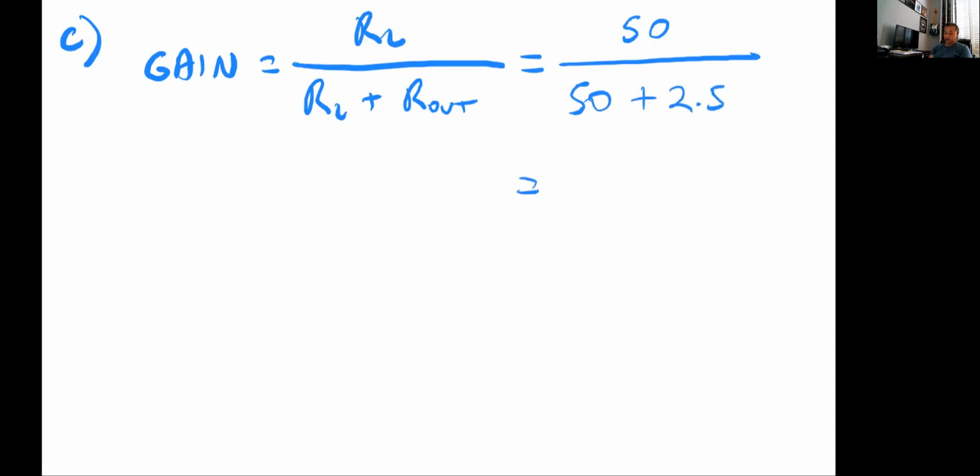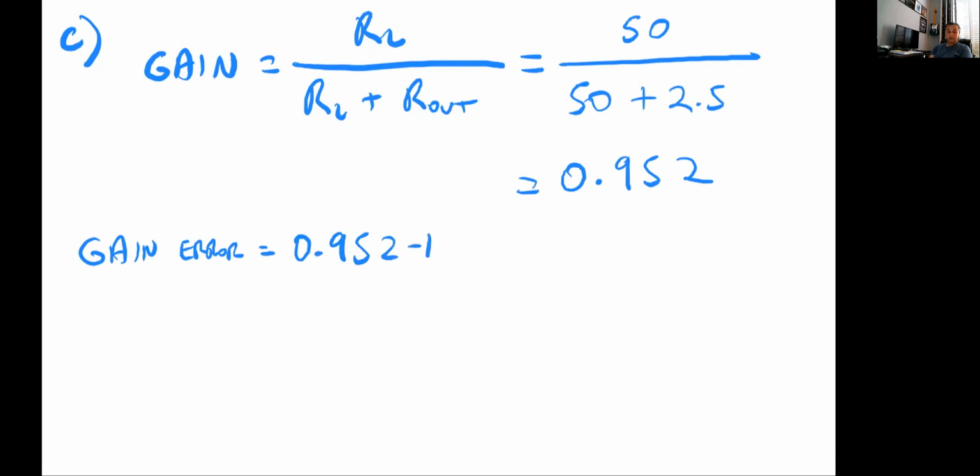So that gives us a gain of 0.952. So the gain error, which is what we are asked to calculate, is how far we are from 1. So that is 0.048, which is in turn a minus 4.8% error. So that is part C.